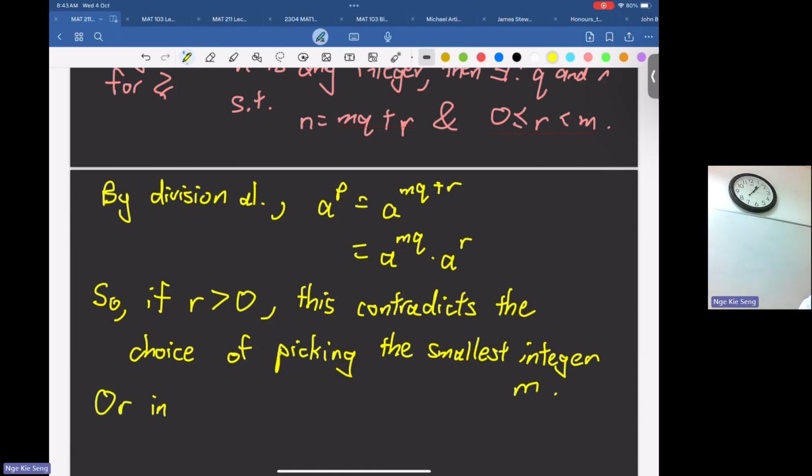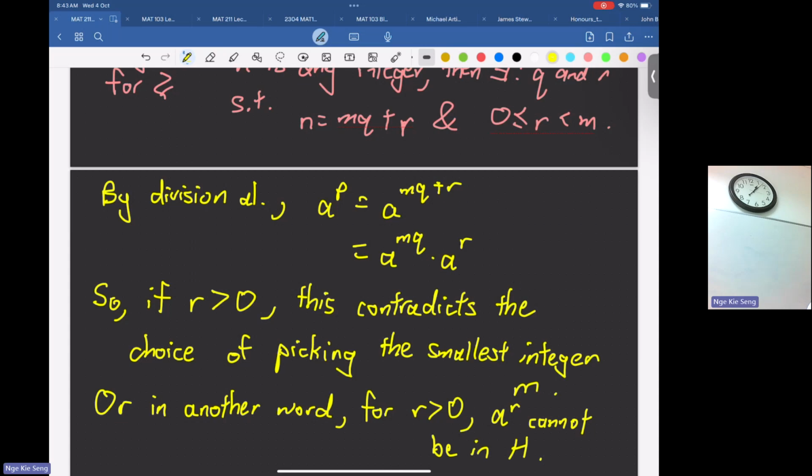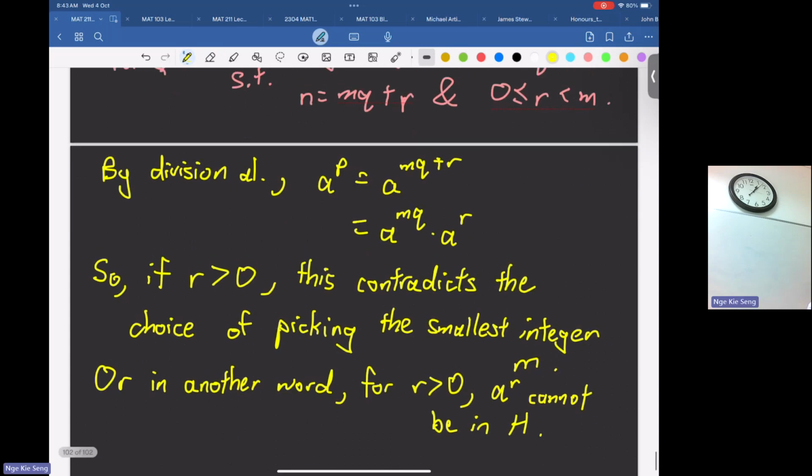Or in another word, what does it mean? For R greater than 0, AR cannot be in H. Okay. So there's only one possibility R can be. R can be 0. That's all.